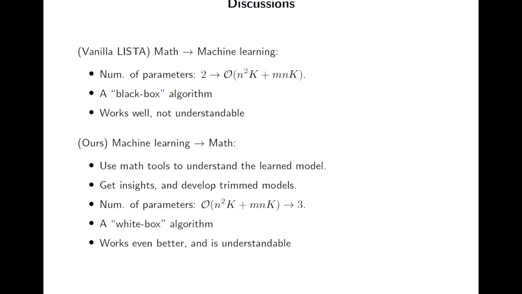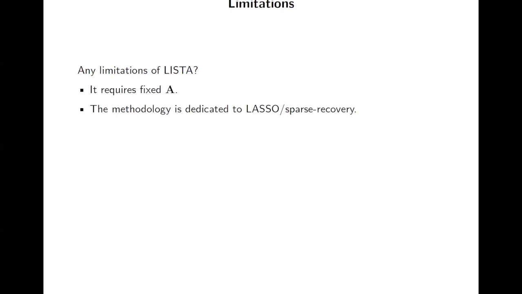So this is the whole picture, and there are some limitations of this work, even though it looks good in these settings. The first one is it requires a fixed matrix. If we want to use it in another setting, we have to train another model. Also, the whole methodology is highly dedicated to Lasso because the framework is derived from Lasso.